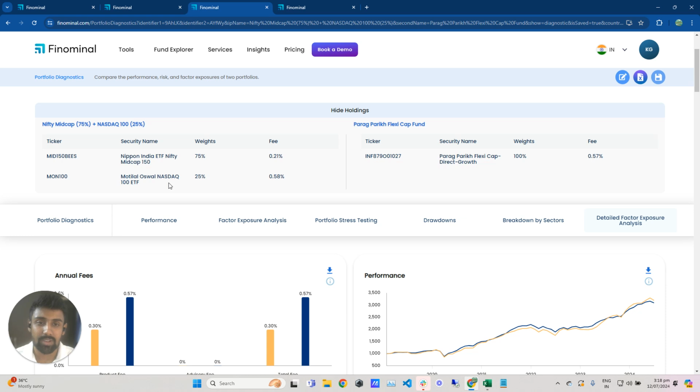So if you're looking for a fund that has international exposure, and also an active fund which is flexible on market cap, and as I said, you need exposure to some international equities, I think you should consider looking into this fund.